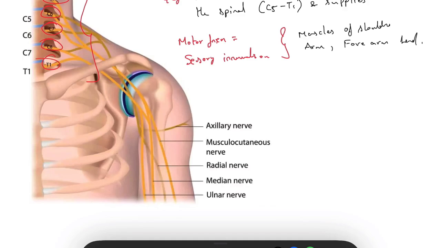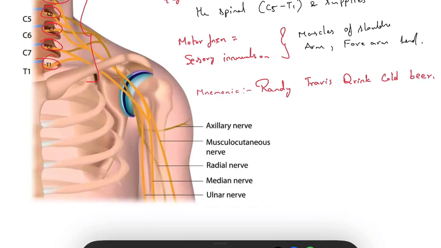Now for the brachial plexus we have one mnemonic, and it is very important. You can easily remember it. The mnemonic is Randy Travis drink cold beer.